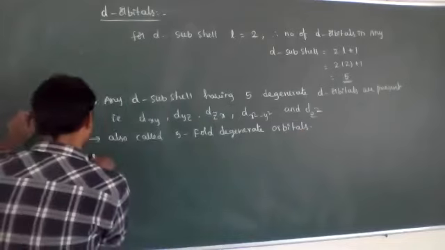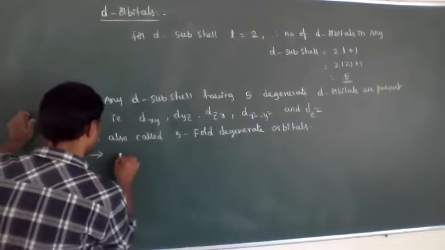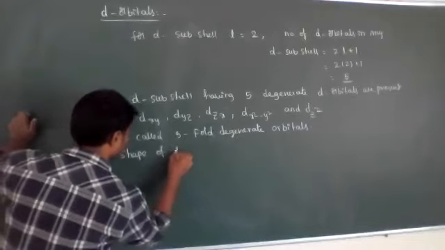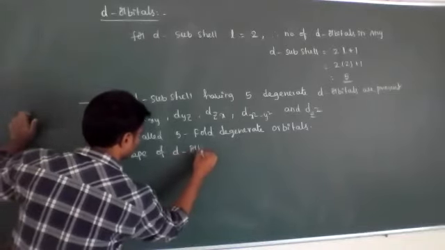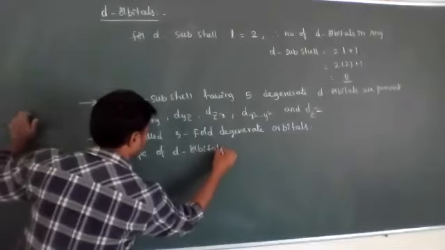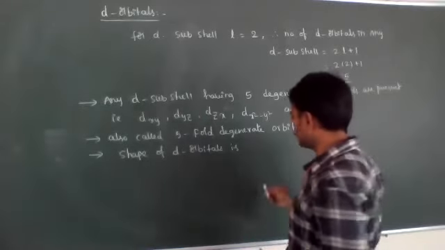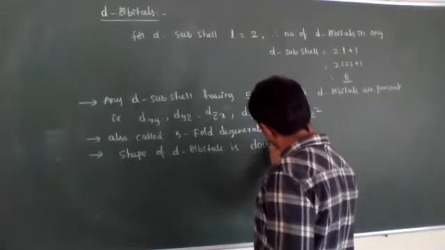So what is the shape of the d orbitals? The shape of the d orbitals is double dumbbell.